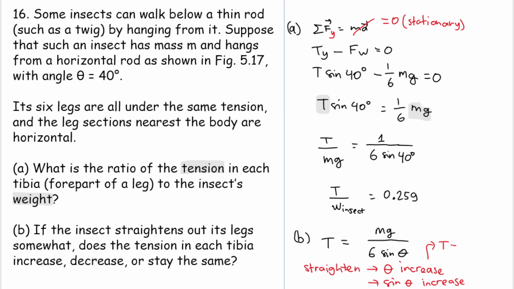So T will decrease. Why? Because sine theta is increased, so T here will decrease. Okay, so the answer for question A is 0.259, and for question B, T will decrease.